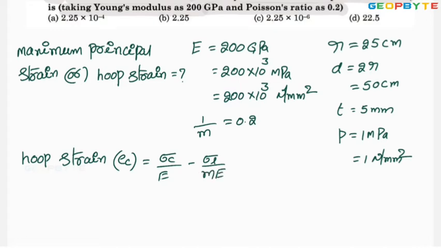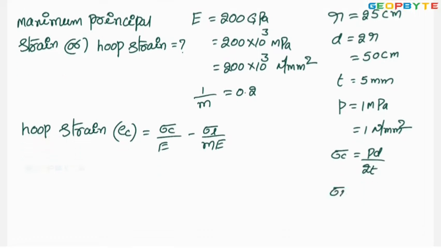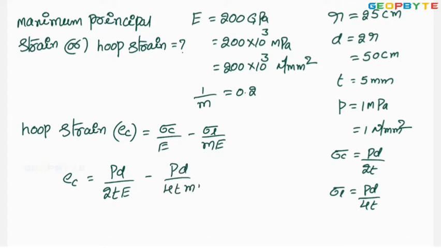But sigma C equal to PD by 2T, whereas sigma L equal to PD by 4T. So this EC, hoop strain or circumferential strain, equal to PD by 2TE minus PD by 4TmE.